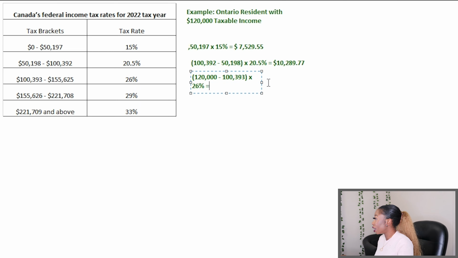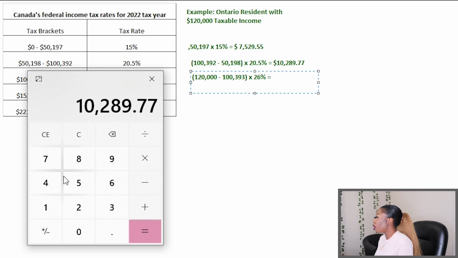Then the amount we get here would be the amount for that tax bracket.